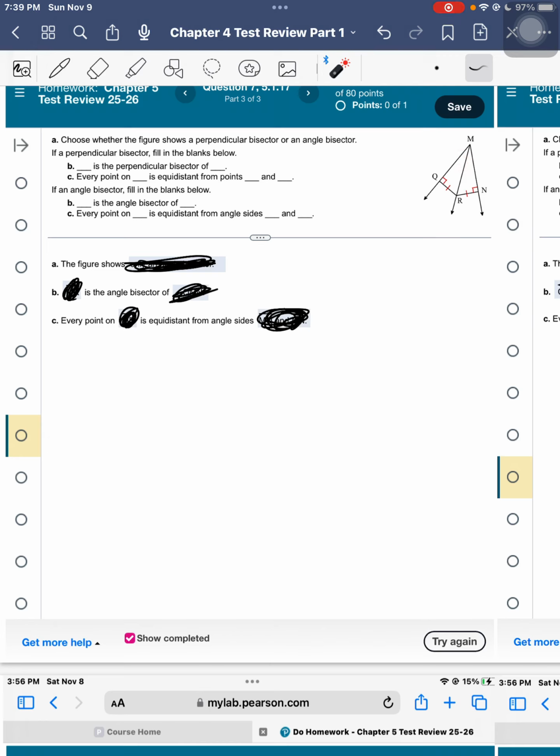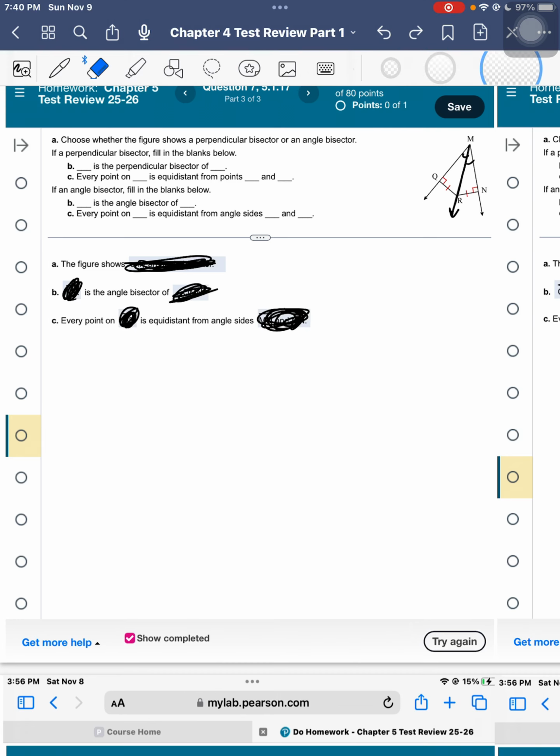But we know that if a point on an angle bisector is perpendicularly equidistant to the sides of the angle, then these two angles must be congruent. So that is why this ray MR is considered the angle bisector of angle QMN.